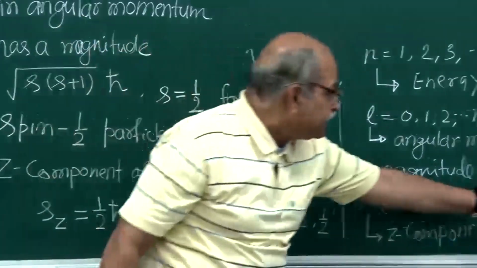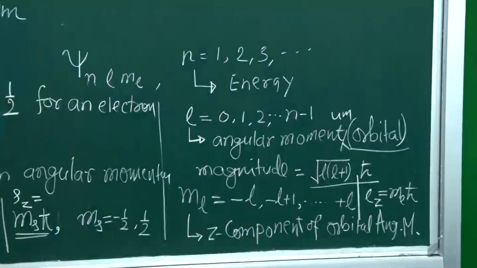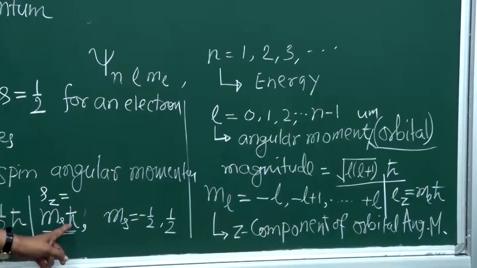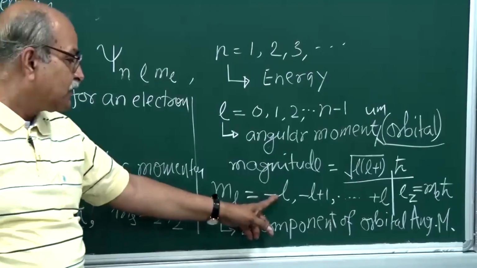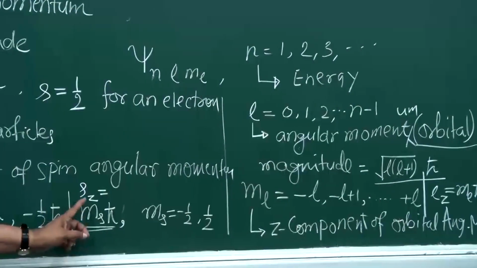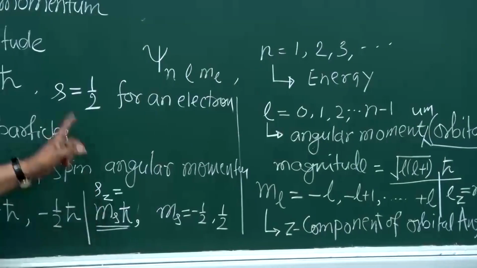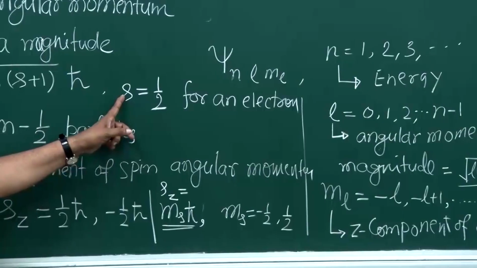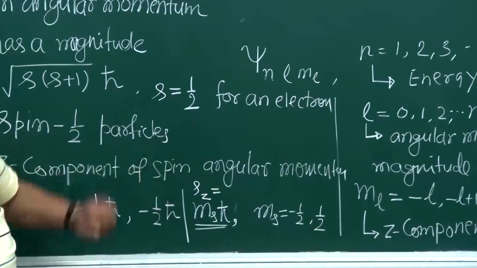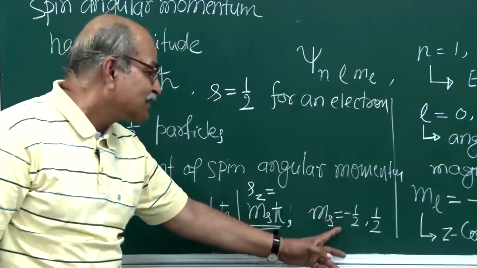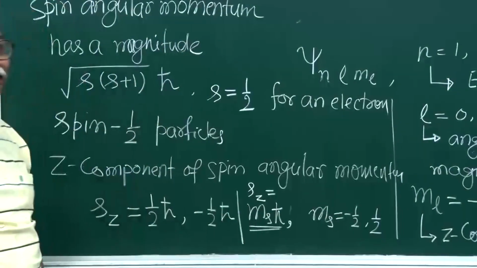So Lz is ml into h cross, Sz is ms into h cross. And just like this, ml can take values from minus L to plus L in steps of 1, here this ms can take values from minus S to plus S in steps of 1. So that will be minus half to plus half in steps of 1, and that is minus half and plus half.